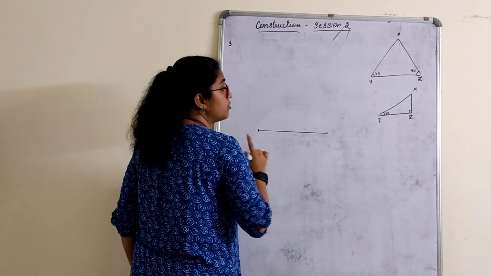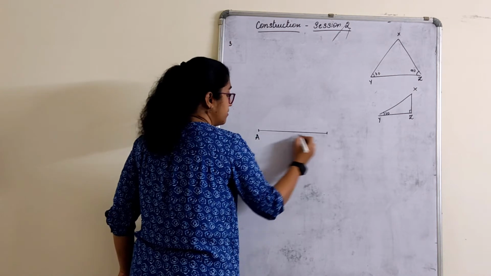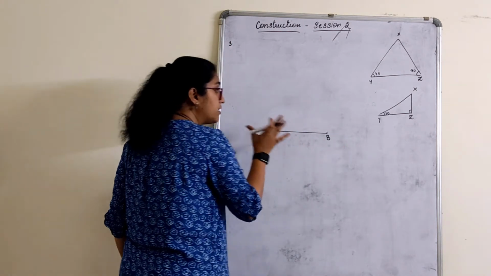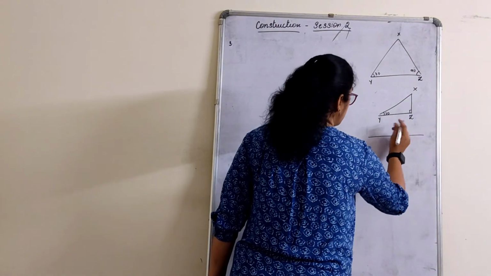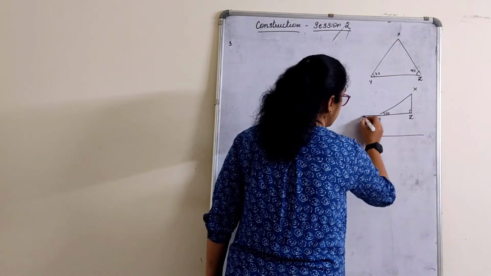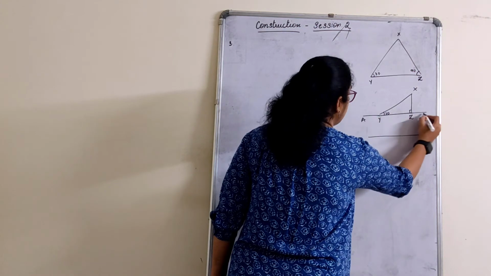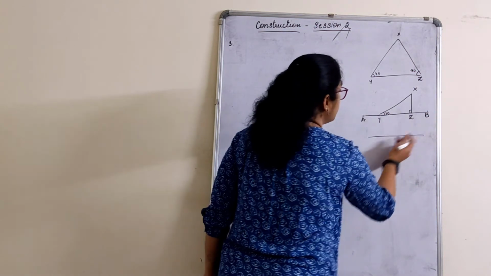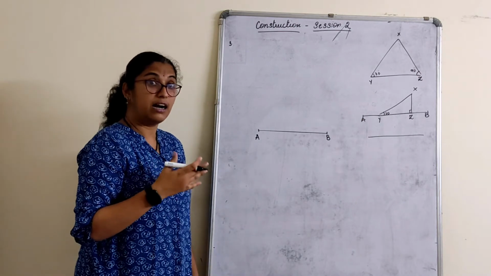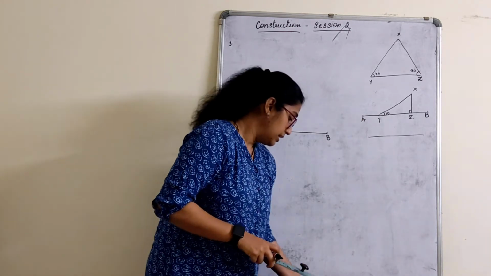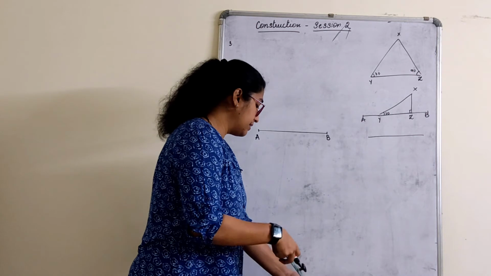This is not your XY. This is AB. Here we have to construct XY. So look at the work. See, this is something I have drawn now. AB, 11 centimeter. On line segment AB, I have to construct this one. Right? How to do that? We will see.